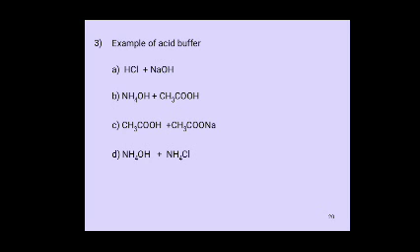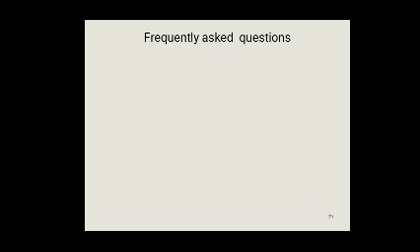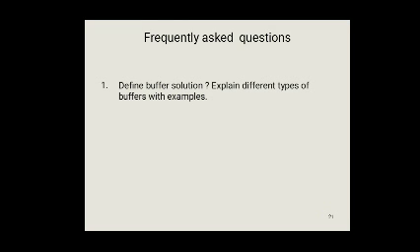D: weak acid and its salt with strong acid. An acidic buffer is a mixture of weak acid and its salt with strong base. Answer C, CH3COOH and CH3COONa.